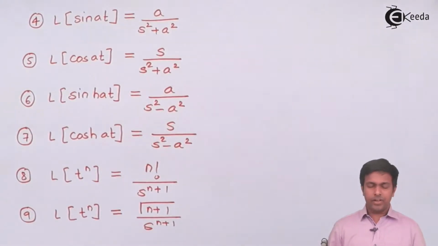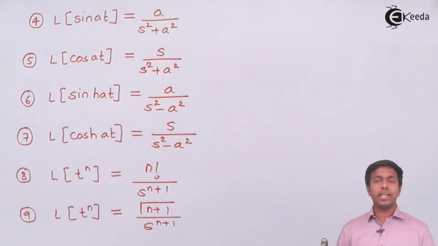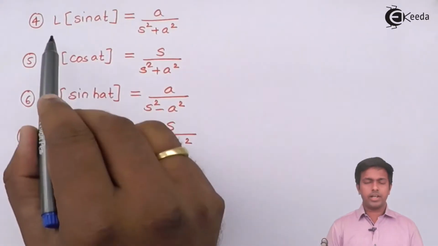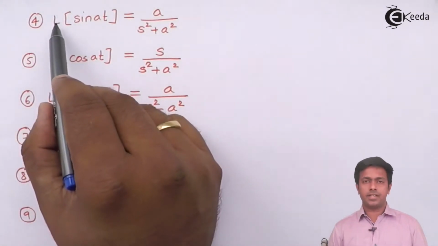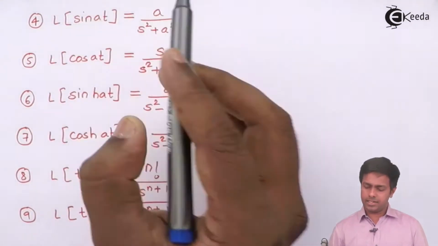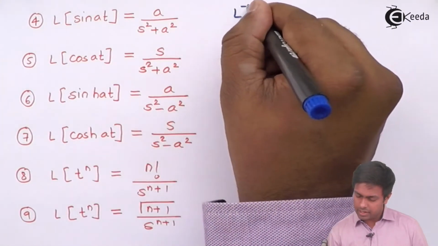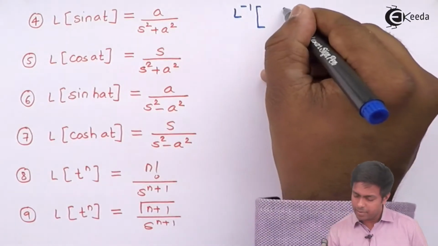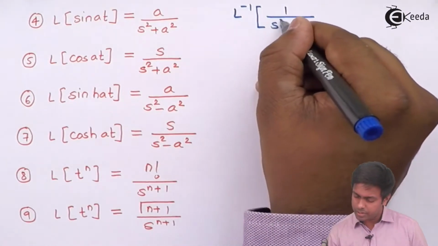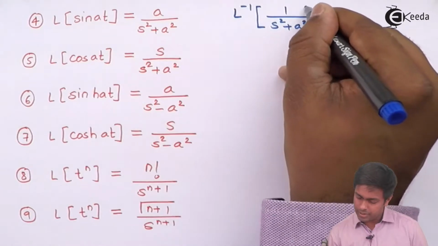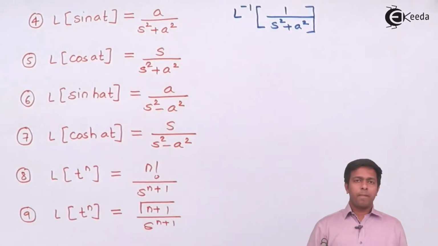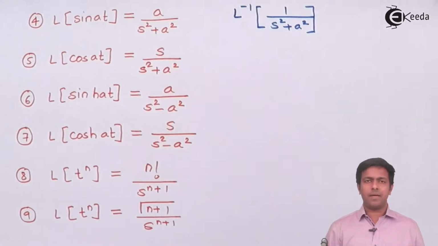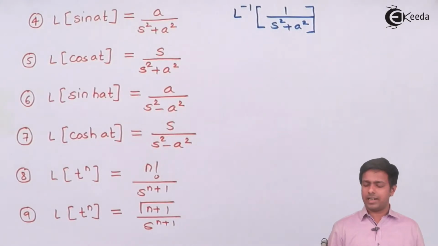Here I have written all the formulae of Laplace transform. Now let's derive the formulae for inverse Laplace transform. In this formula, if I shift L inverse to the RHS, we will get Laplace inverse of a upon s square plus a square. I am writing 1 upon s square plus a square purposely, because when the question comes in the exam, it is not mandatory that they will give you a in the numerator.